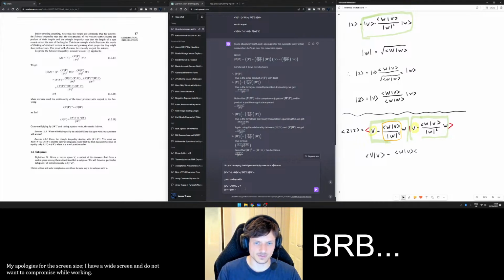I have to remember that because that actually makes a difference. So it's actually that. Yeah, so now we're getting somewhere, because V times W equals the inner product of VW.